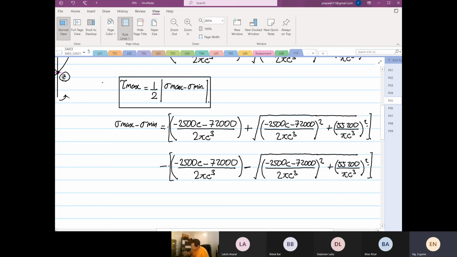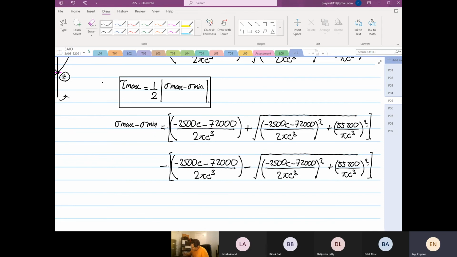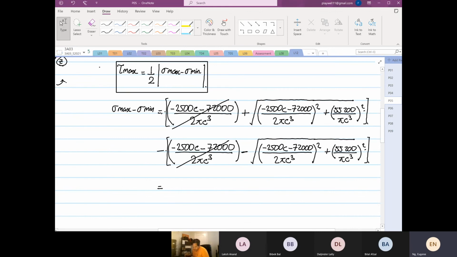So you realize when stress max minus stress mean, you cancel these two values, and then this one, you take out the brackets, plus. So stress max minus stress mean, at the end of the day, will be equal to 2 of this value.